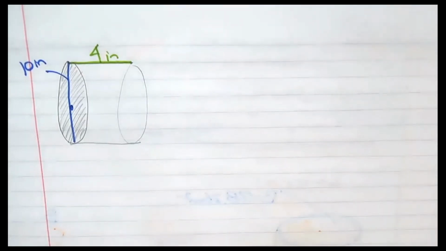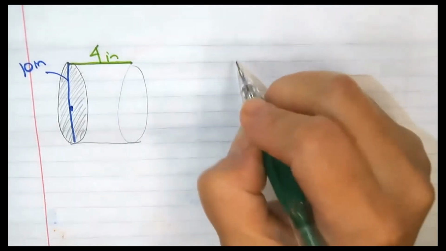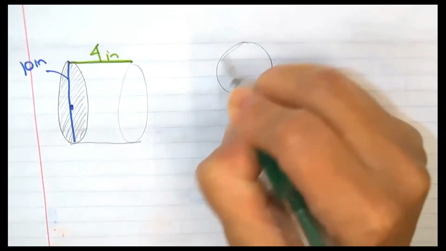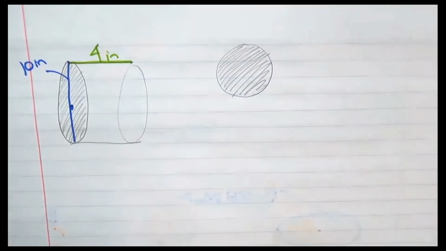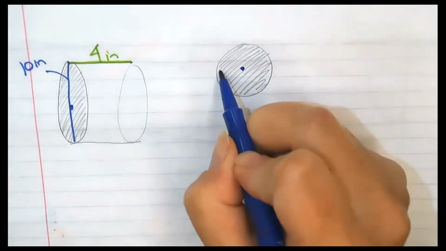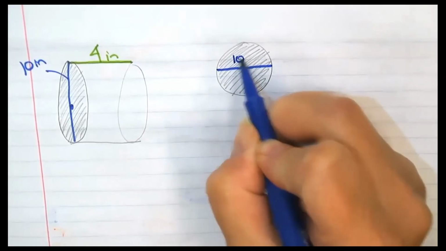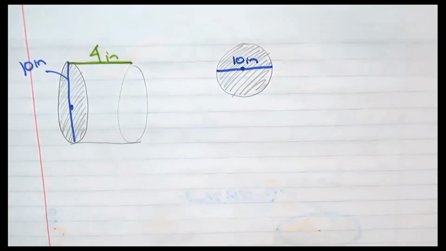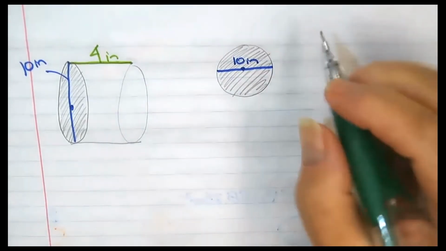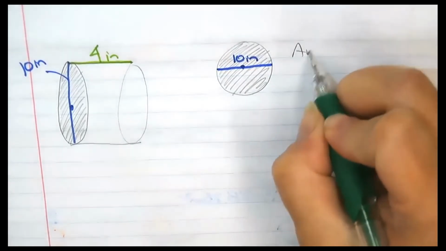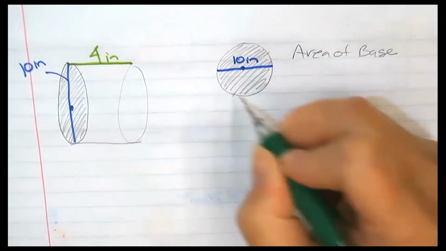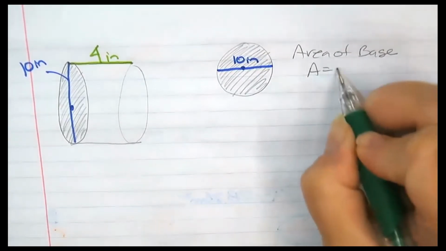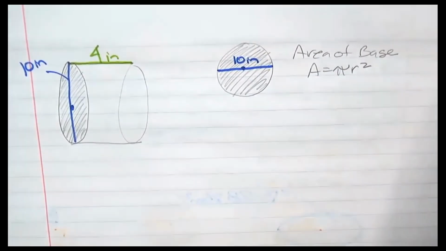So the first thing we need to do, our base is a circle. This is our base. They've given us a diameter of 10 inches. And we need to find the area of the base. Well, the base is a circle, and the area of a circle is pi r squared.